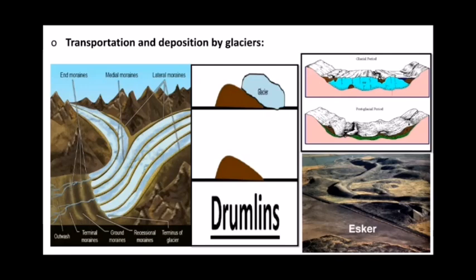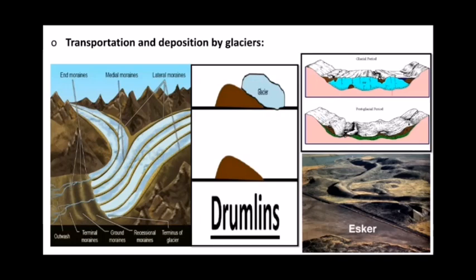These kinds of sediments that are found in the glaciers are called moraines. Depending on the location of where it gets deposited, these moraines are divided into 4 types.